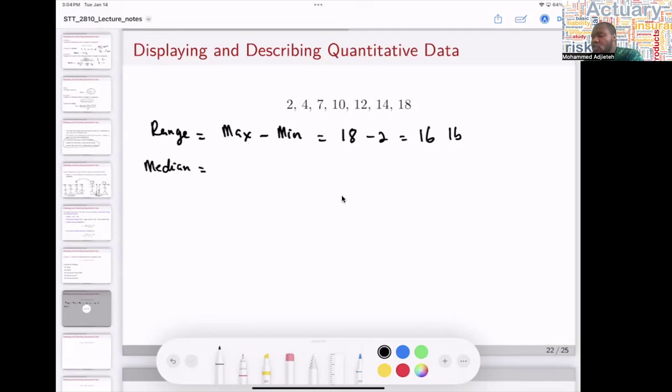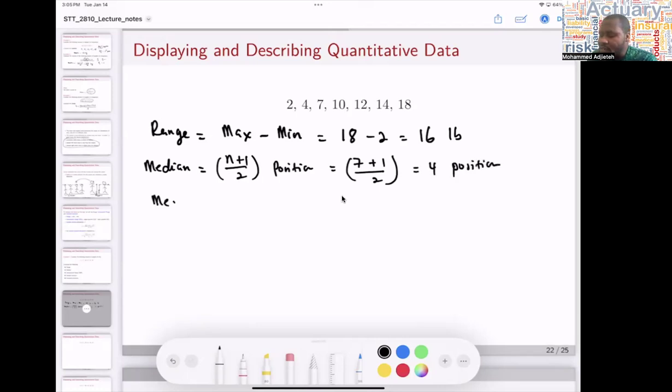The next thing we want to compute is the median. For the median, we need to sort the data. Luckily for us, this data has already been sorted. So now we want to determine whether it is odd or even. Let's count 1, 2, 3, 4, 5, 6, 7. This is odd. And so the median is the middle number, or we could also use the (n plus 1) divided by 2 position, which is 7 plus 1 divided by 2, giving us the fourth position.